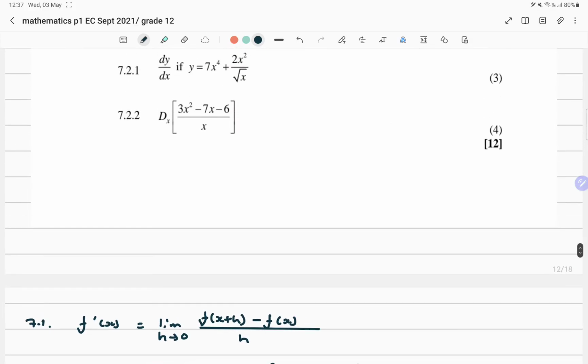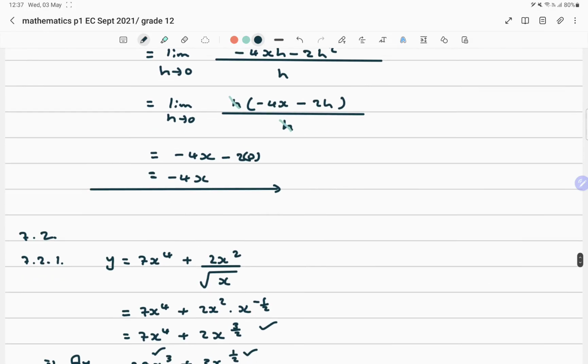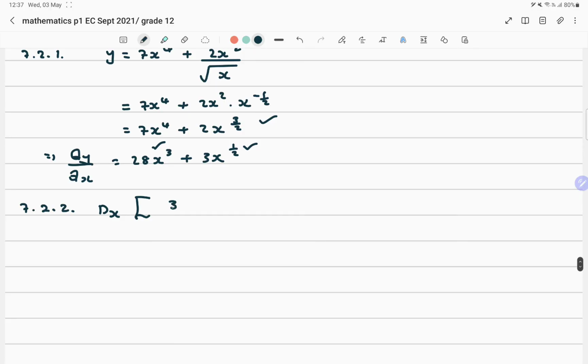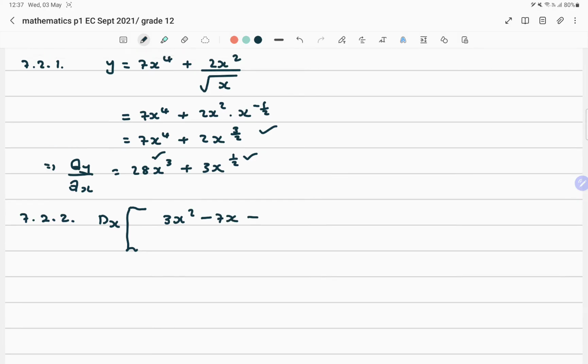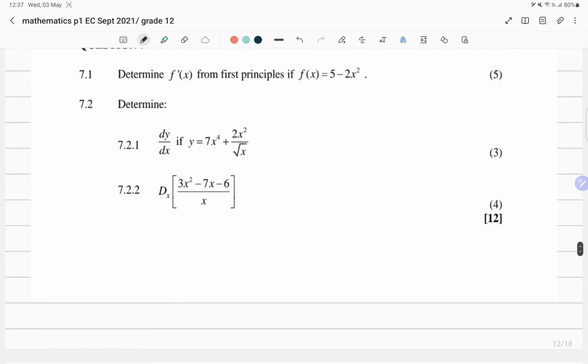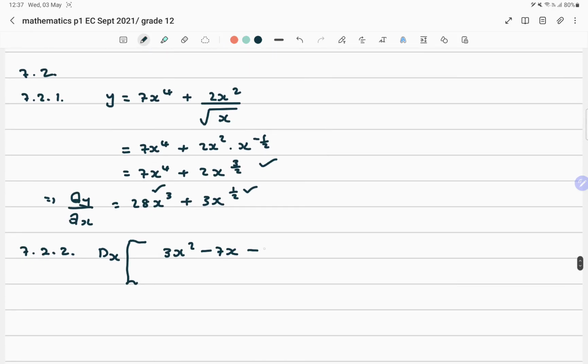What we have on top is 3x squared minus 7x minus 6, all over x.